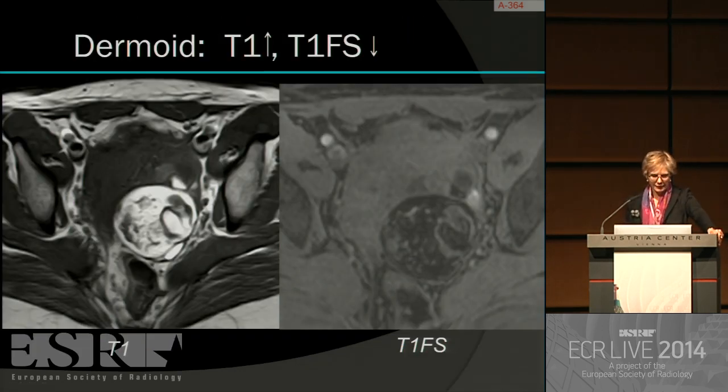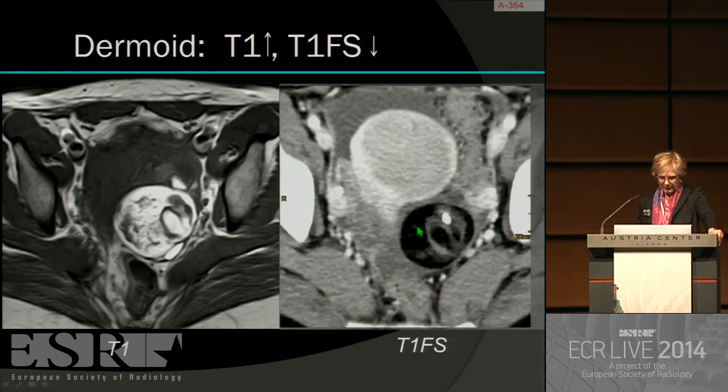Typical for dermoids is the presence of fat that can be verified by the use of T1 fat set. But we should also consider that CT is an excellent technique to demonstrate dermoids. The advantage of CT is that we can much better diagnose calcification and teeth that are found in approximately 1/3 of the cases.